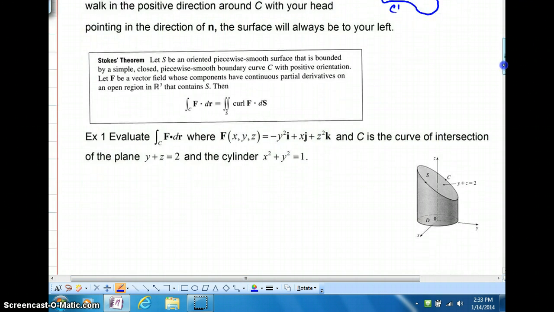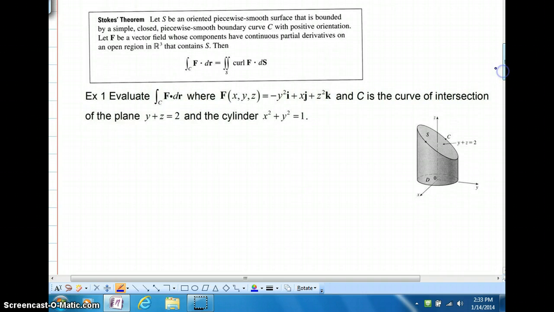Let's do two examples today. Let's just take a look at a figure. Say that we want to find this line integral of F, where your force F is given as written up here. C is the curve of intersection of the plane y plus z equals 2 and the cylinder x squared plus y squared equals 1.